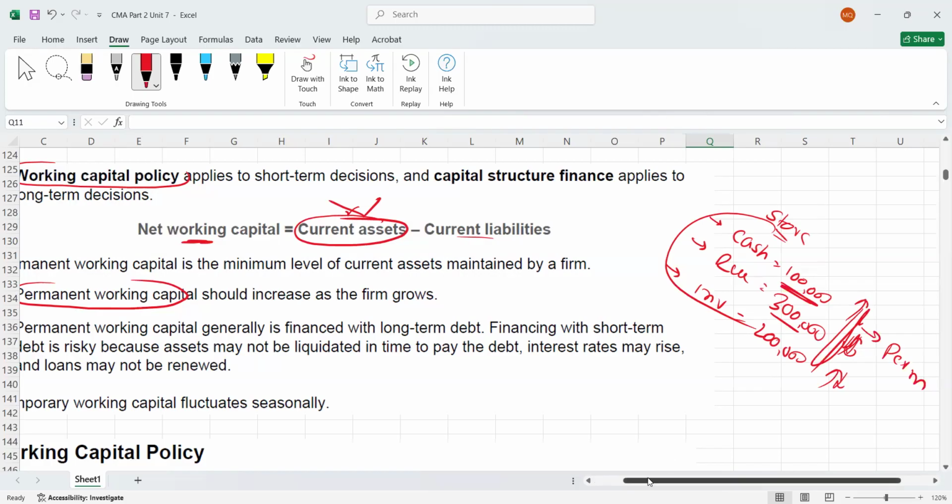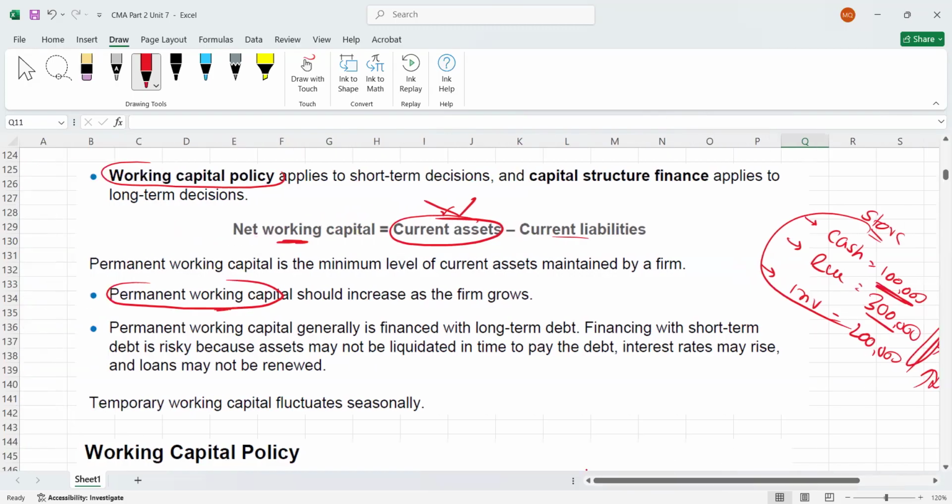Okay, so we got permanent working capital. Here it is defined: permanent working capital is the minimum level of current assets maintained by a firm. As I gave you an example, maybe you are maintaining cash of 100,000, receivables of 300,000, and inventory of 200,000. Then permanent working capital should increase as the firm grows. It is true, because if your business is growing, definitely you need more cash, more receivables, more inventory.